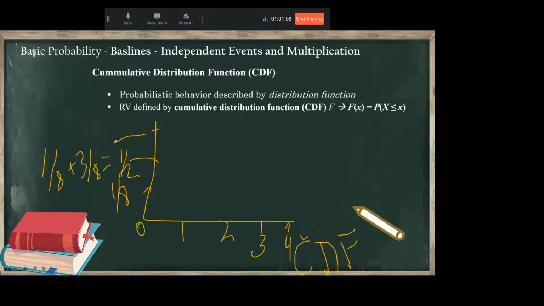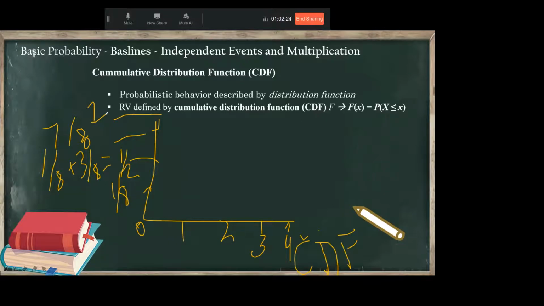The third one is 1 by 2 plus 3 by 8, so it's 7 by 8, which is almost 0.9. And the last one is everything added together, so it's 1, because we know that it should be at most 1. It cannot go greater than 1.